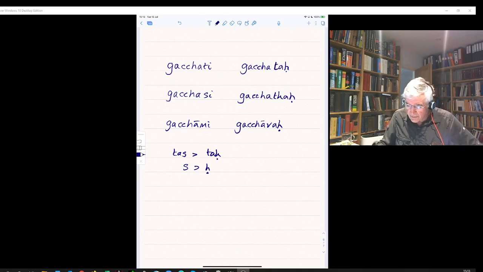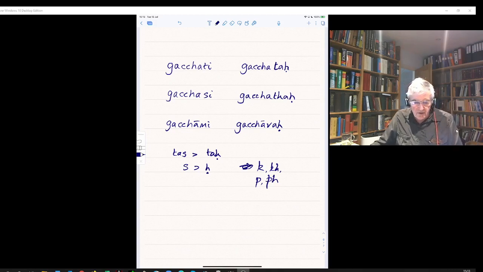It also changes from s to that subdotted h, the visarga, before certain unvoiced consonants, before k, kh, p, ph.